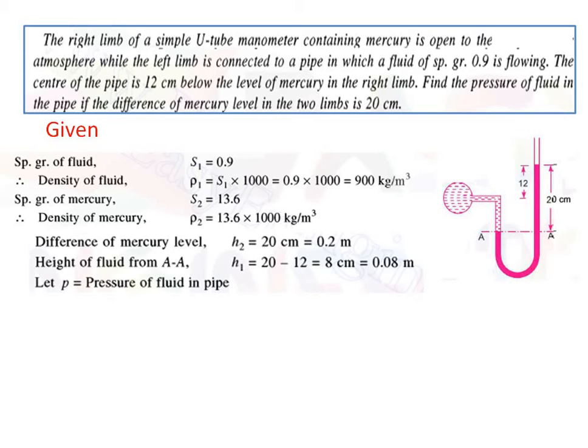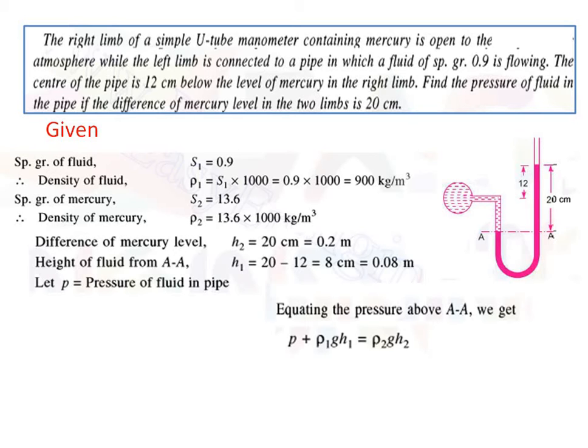Now the pressure of fluid in the pipe we consider as P. Equating the pressure above the AA line, it can be given as P plus rho 1 G H1 is equal to rho 2 G H2.